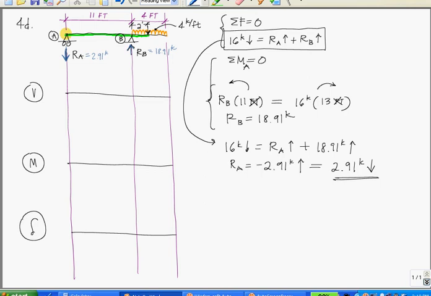All right, let's continue with the shear diagram. We basically just look at all of the forces and reactions acting on the beam from left to right. So starting at point A, we have R A going down 2.91 kips. Between A and B, there is no load, there are no reactions, so I'm going to come straight across. At point B, I have an upward force, R sub B equals 18.91.